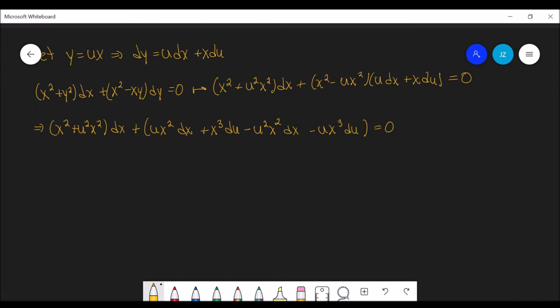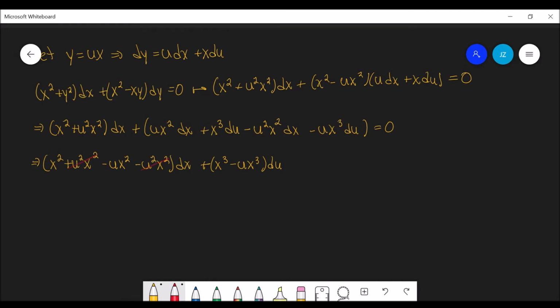What we now wish to do is bring all of our dx terms into one grouping, all of our du terms into another grouping. So (x squared plus u squared x squared minus u x squared minus u squared x squared) dx plus (x cubed minus u x cubed) du. Well, that's nice.